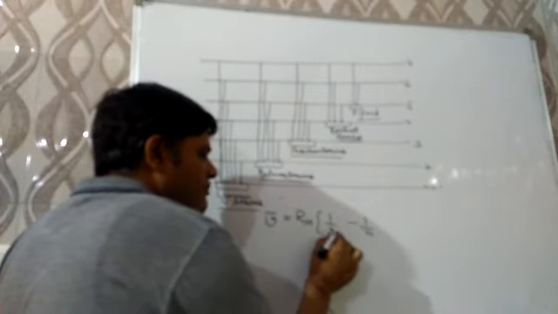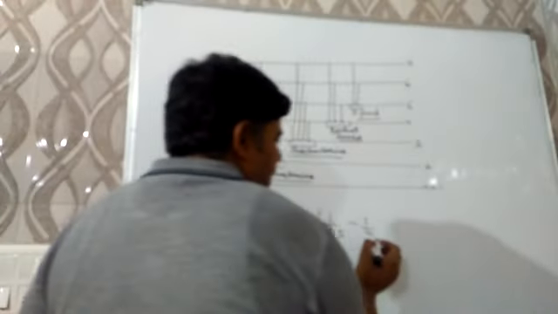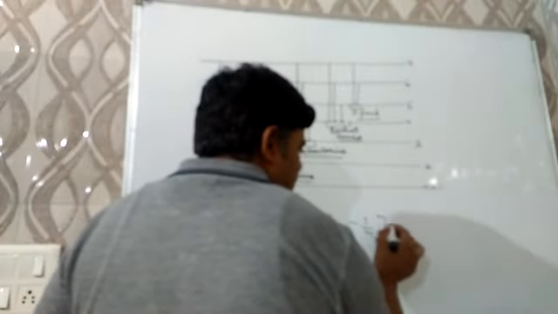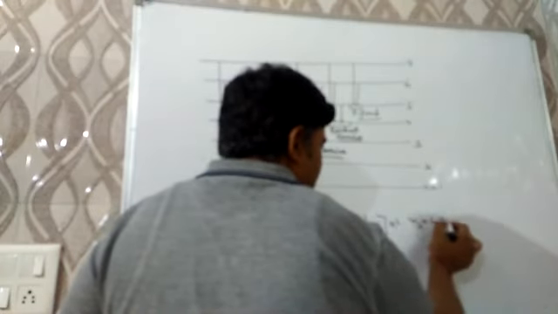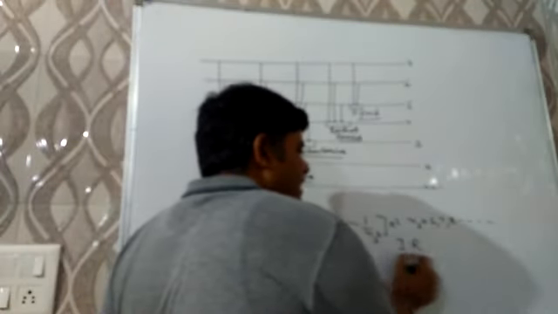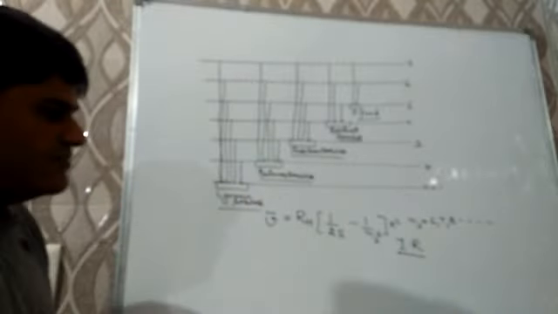For it, wave number will be equal to RH into 1 by 25 minus 1 by n2 square, into Z square, where n2 can be 6, 7, 8, up in this way. It also lies in the infrared or far infrared region. When n2 is infinity, that is the limiting line. For the first line, n2 is 6, second 7, third 8.